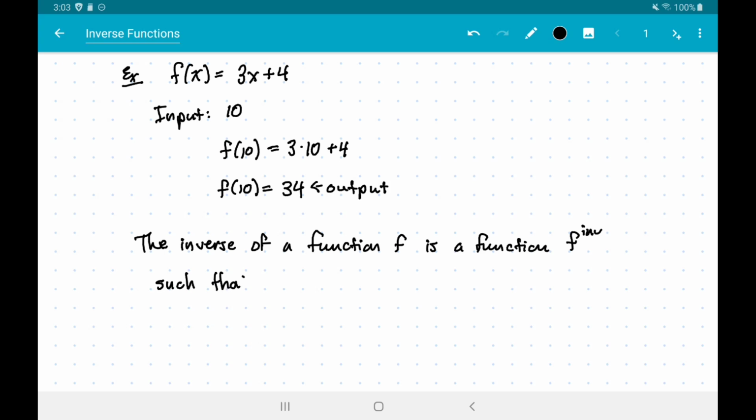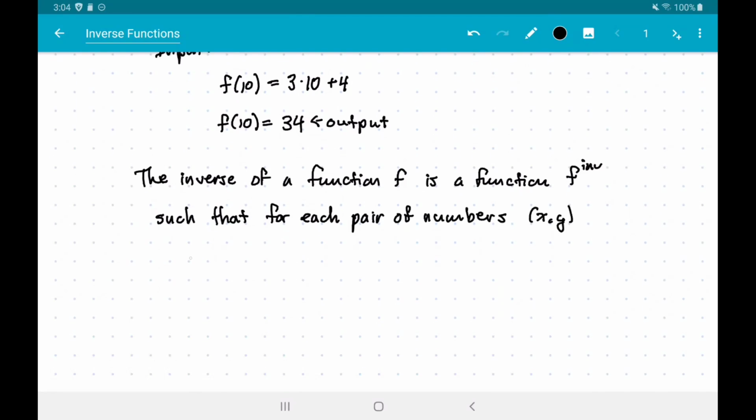such that for each pair of numbers x and y, where y is equal to f of x, it is true that x is equal to f inverse of y.